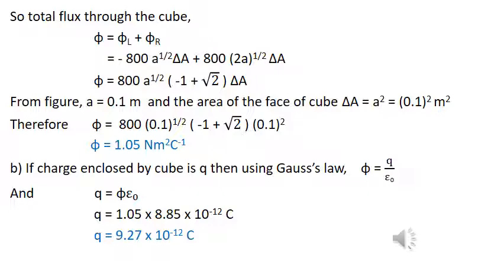By putting these two values, we get flux phi is equal to 1.05 Newton meter square per coulomb, which is the answer of part A.